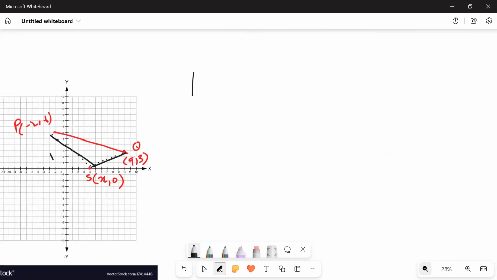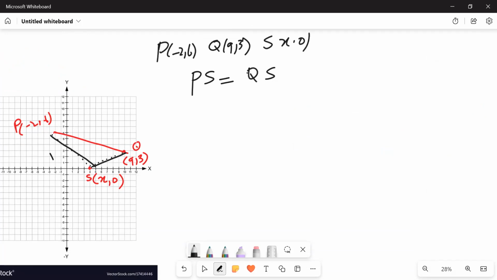PS is equal to QS. Now P, Q, and S: P coordinate is -2 and 6, Q coordinates are 9 and 3, and S coordinates are x and 0. First we will take PS.